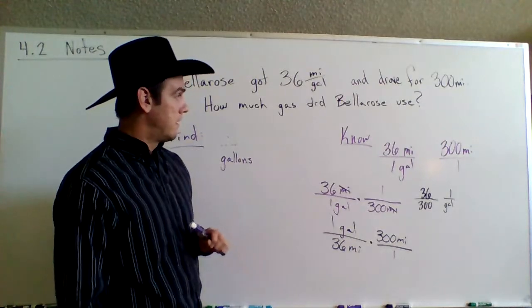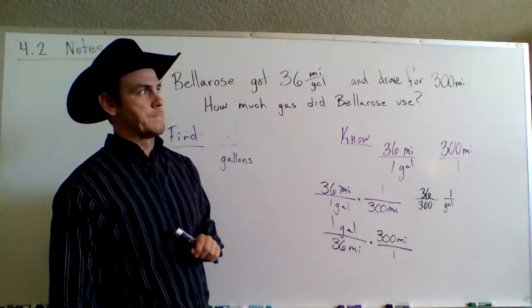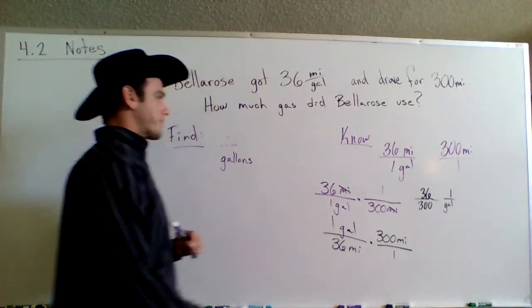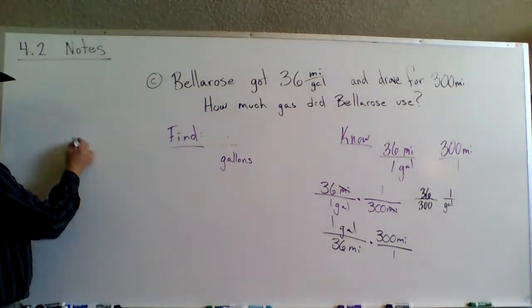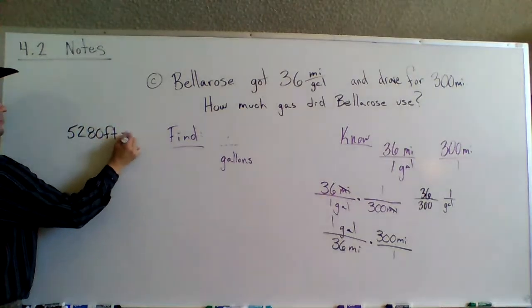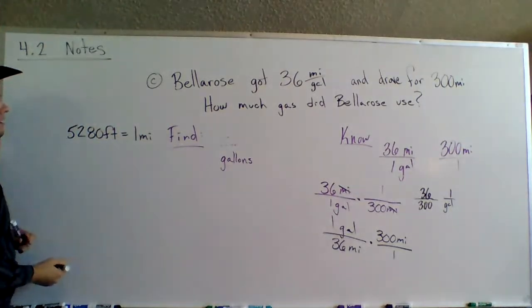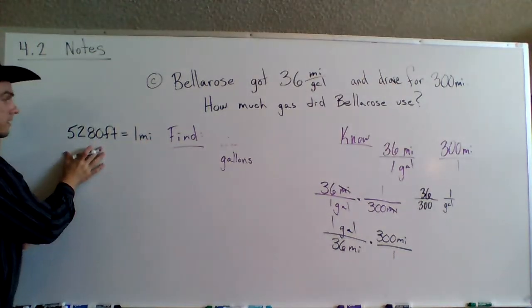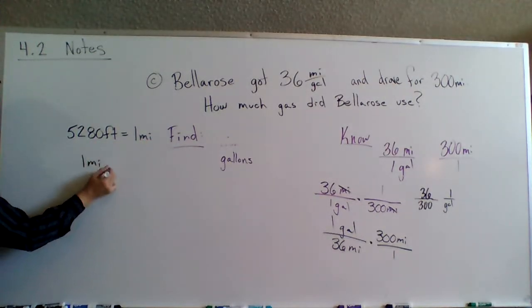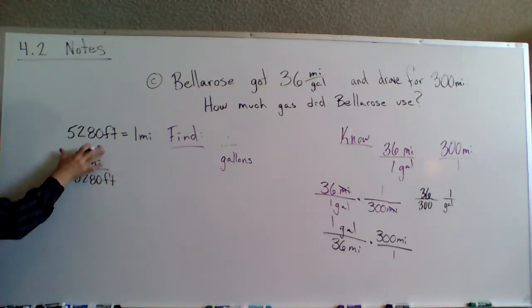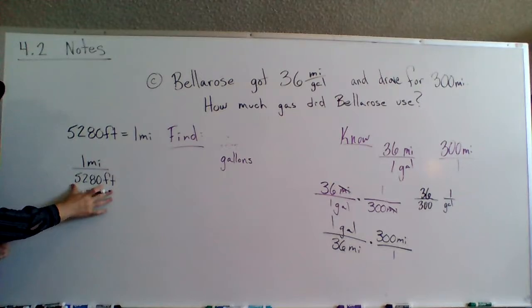It's another good example, feet and miles. There's 5,280 feet in 1 mile, right? So if these are equivalent to each other, if I put 1 mile over 5,280 feet, doesn't that just basically equal 1?